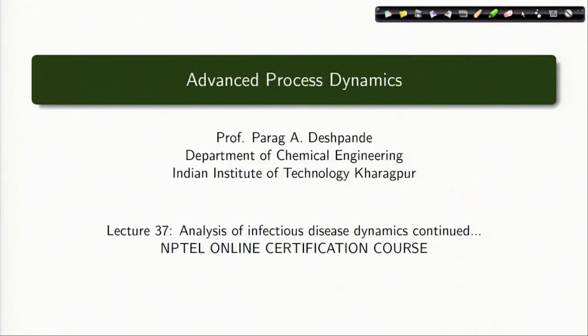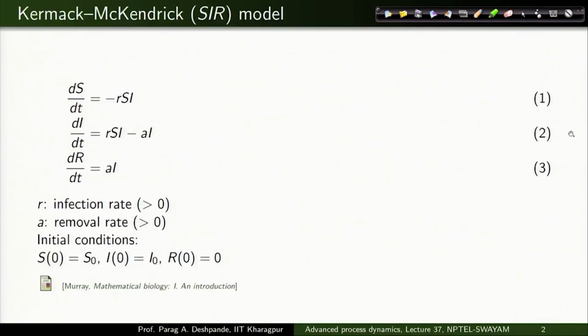Welcome back. So, let us continue our discussion on analysis of dynamics of infectious diseases. The model that we had in front of us was a third order nonlinear autonomous dynamical system, where the dynamical variable was SIR corresponding to the population of susceptibles, infectives and removed.